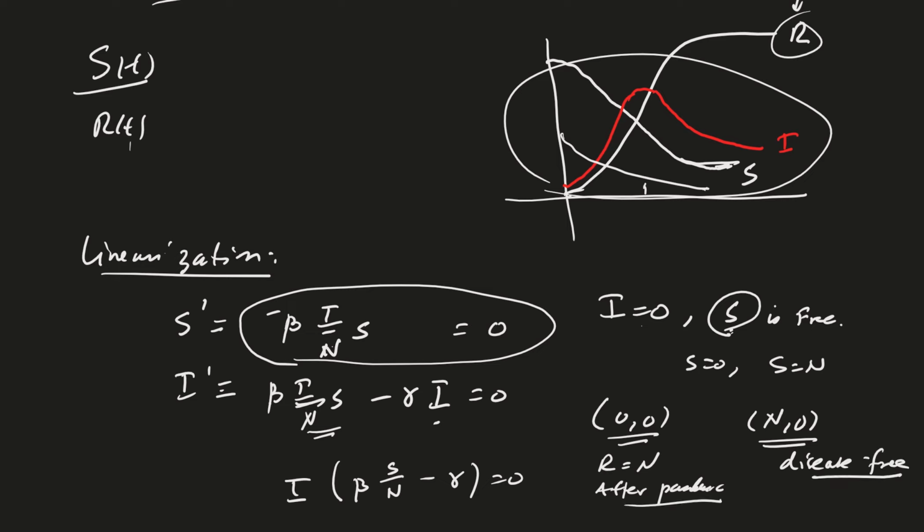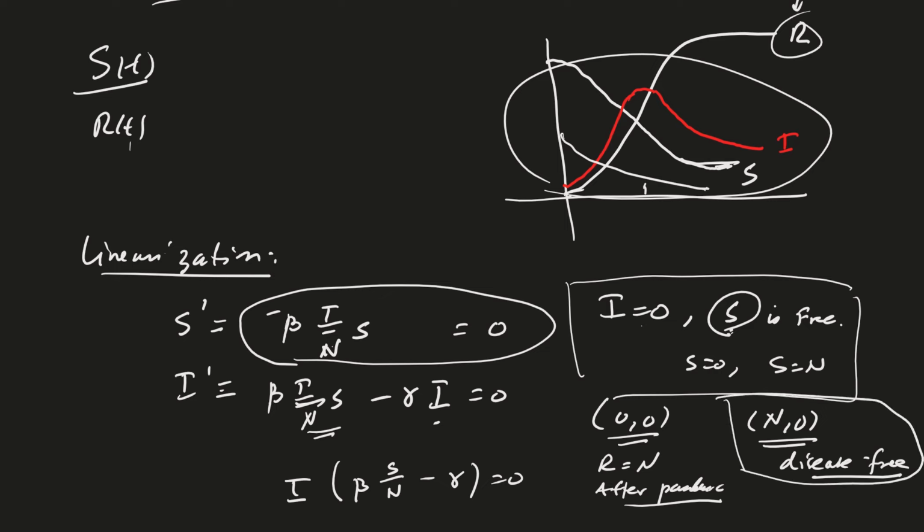And so these would be among our equilibria, because really if I is equal to 0, then s could be anything. So we're picking out the two extreme cases of s to take a look at those two in particular. And in the notes, you'll see that the disease-free version is the one that's being linearized.